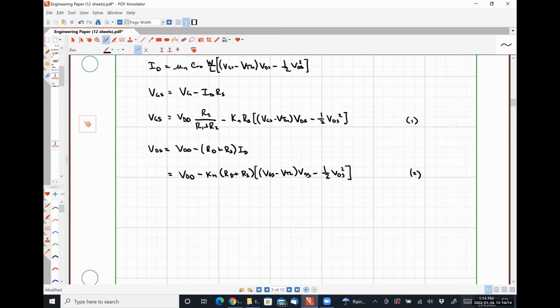And it's important, if you're using MathCAD anyway. If you throw this equation in a solve block in MathCAD, you tell it to find VGS and VDS, it's only going to return one of the two possible solutions. And the solution that it returns is dependent upon the guess values that you put in for VDS and VGS.